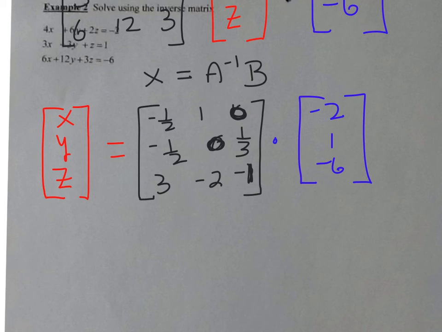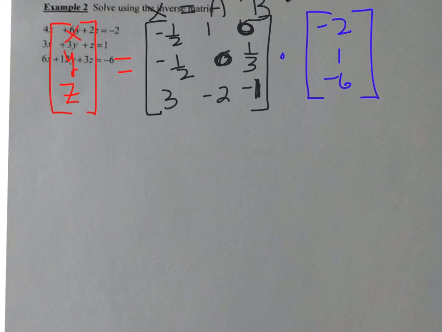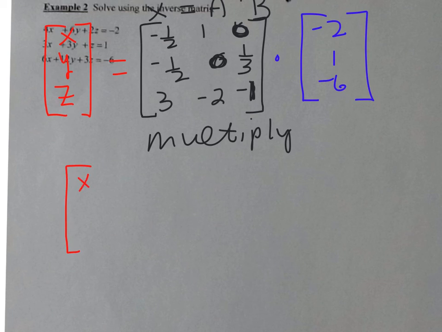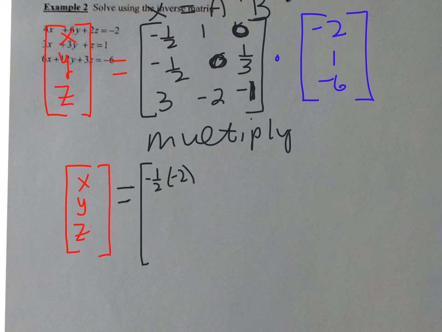Okay, so now you're going to multiply. So xyz equals negative 1/2 times negative 2 plus 1 times 1 plus 0 times negative 6.